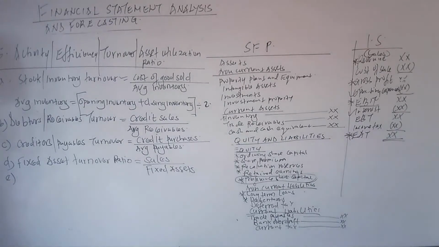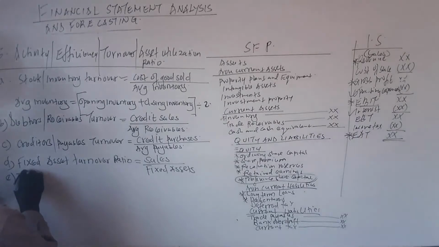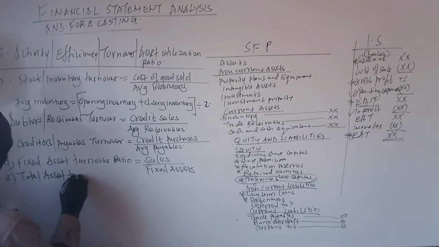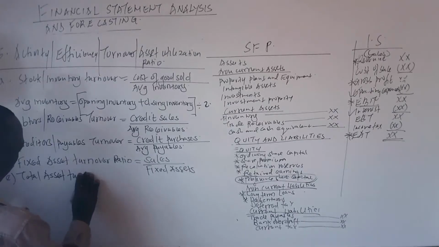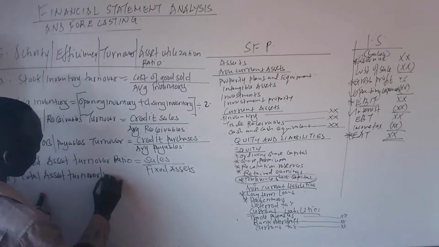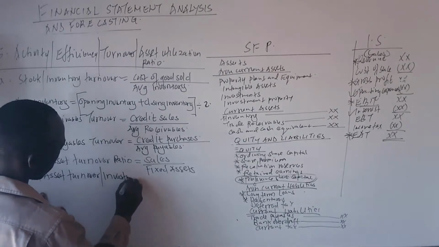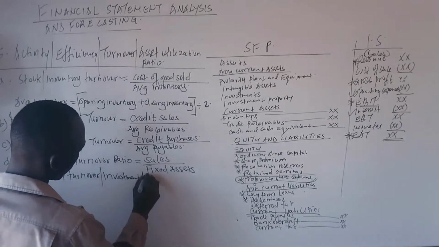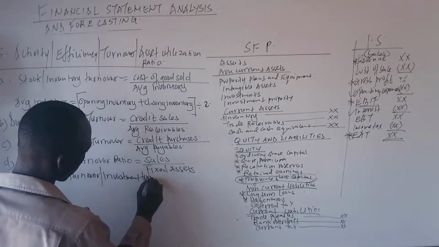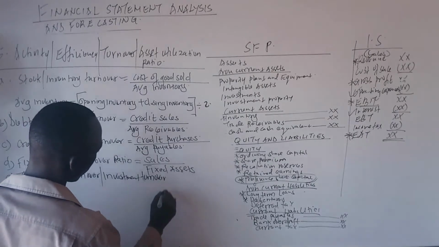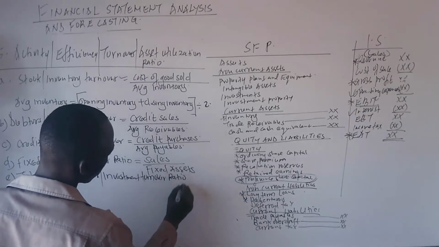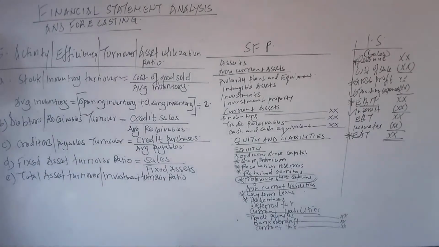Then we have the total asset turnover, or investment turnover ratio.